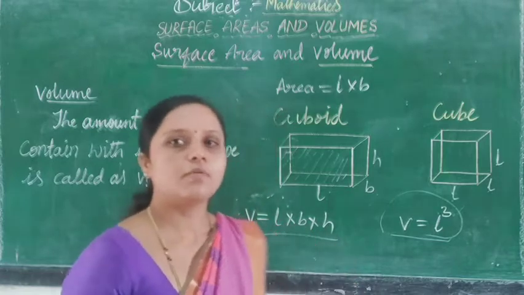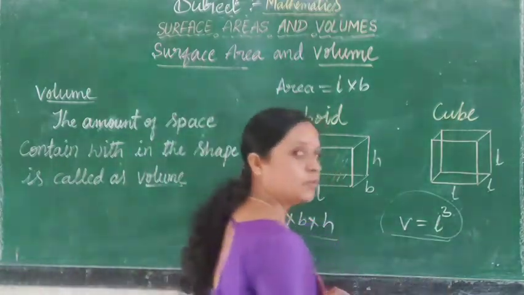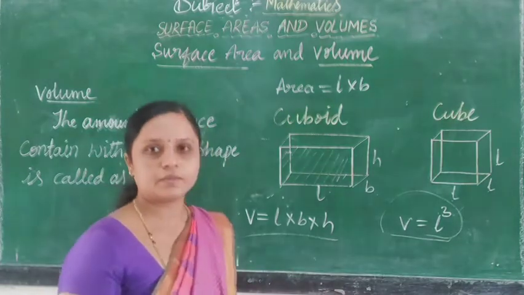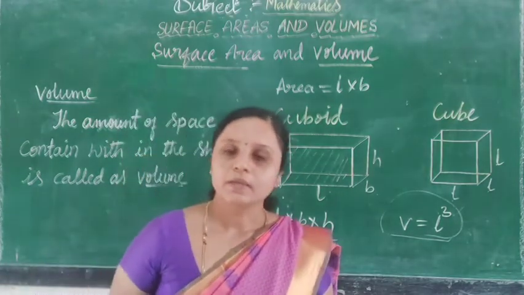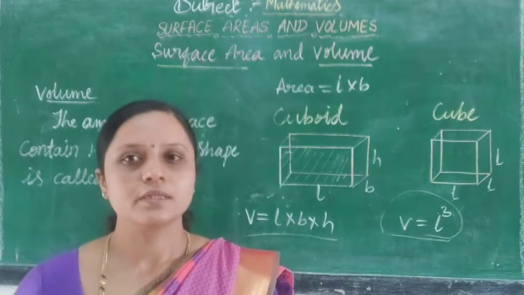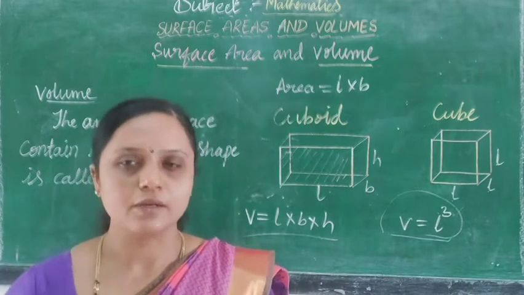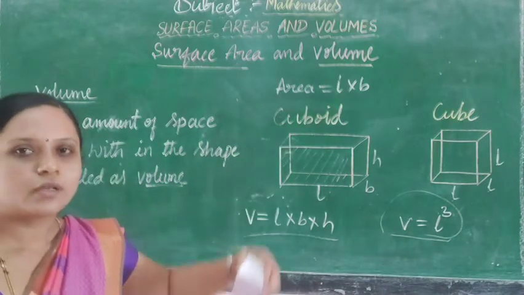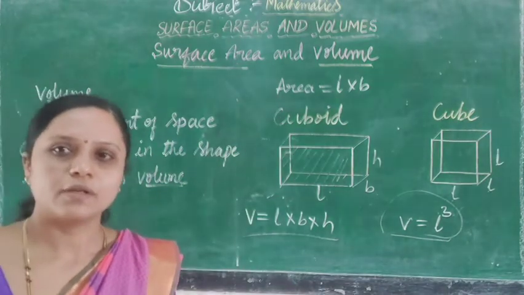Then the volume of that cube is L cube, and the volume of a cuboid is length into breadth into height. So in this class we are going to discuss the surface areas and volumes of all the solid figures. Now let us discuss one by one.